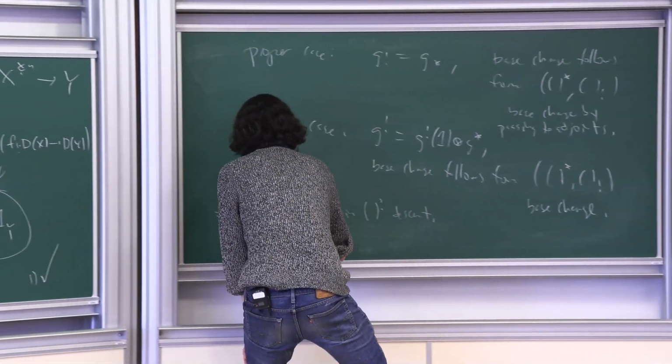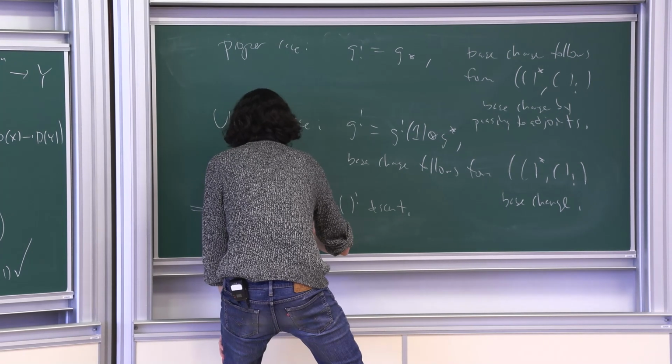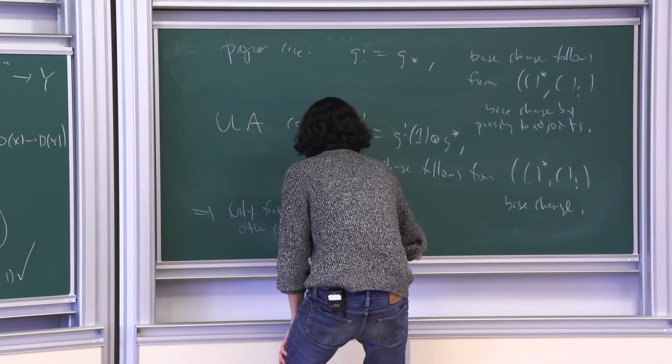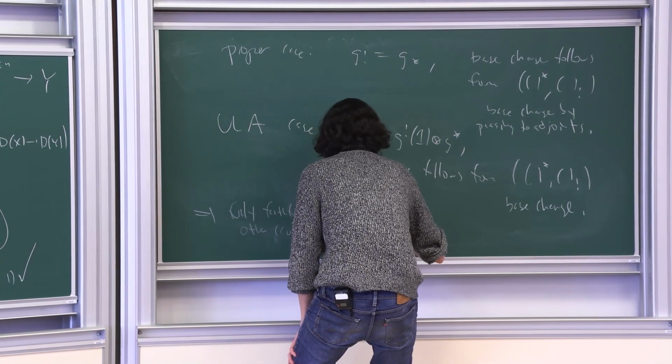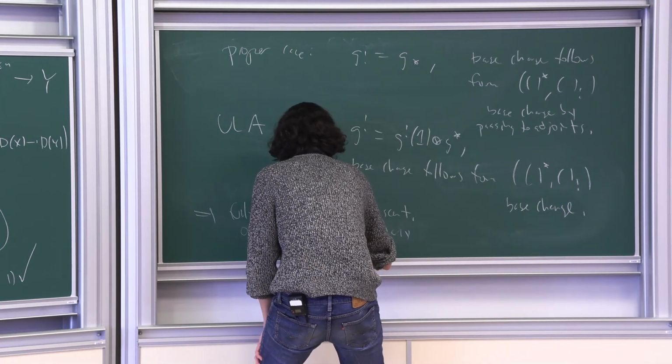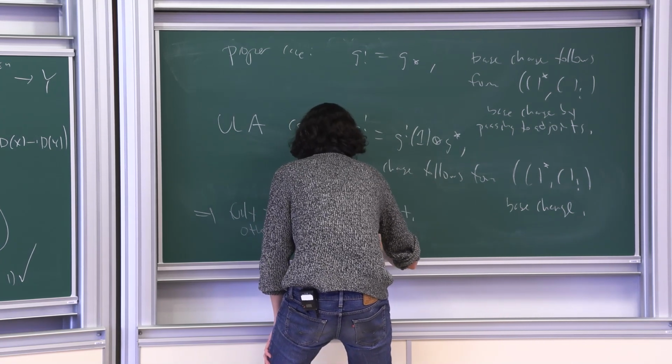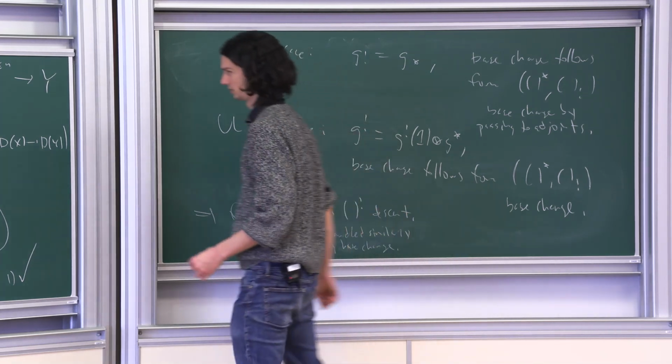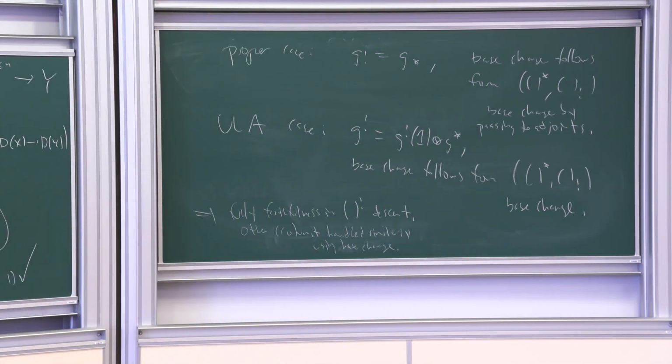It is handled similarly using base change to reduce to the situation where the cover is split. So you're pulling back to X where the cover is split.